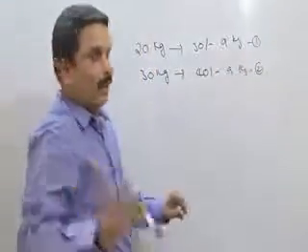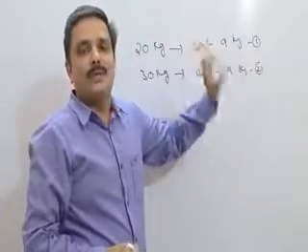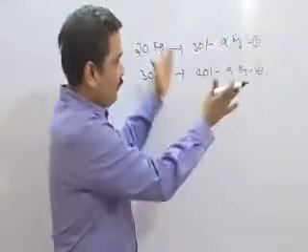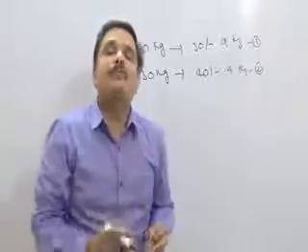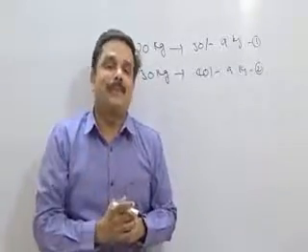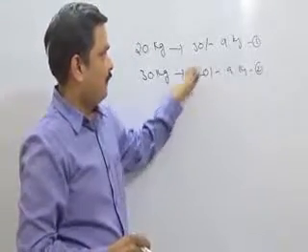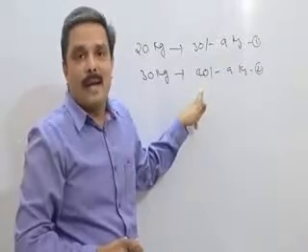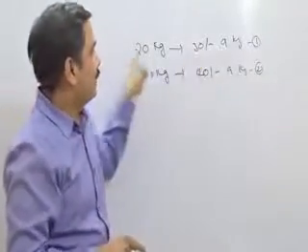If he wants to mix these two, what should be the price per kg of the mixture? We cannot simply get that by taking the average of 30 and 40.